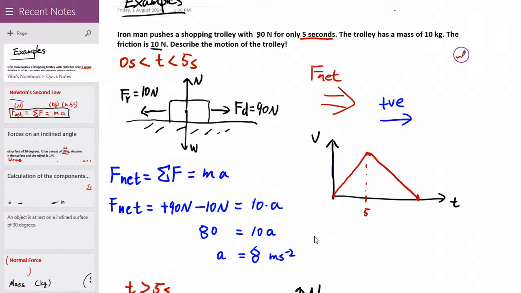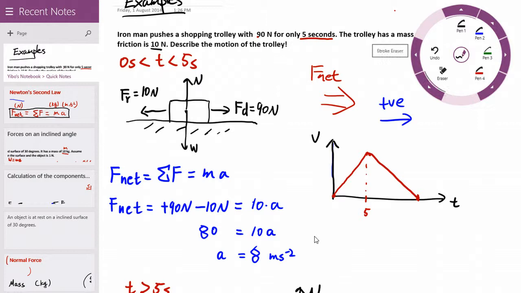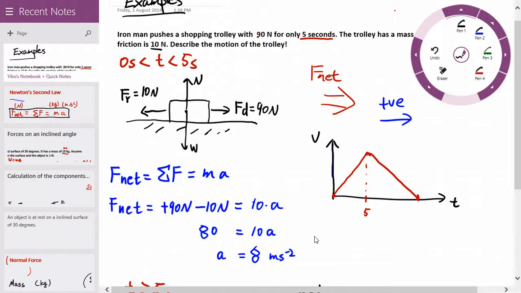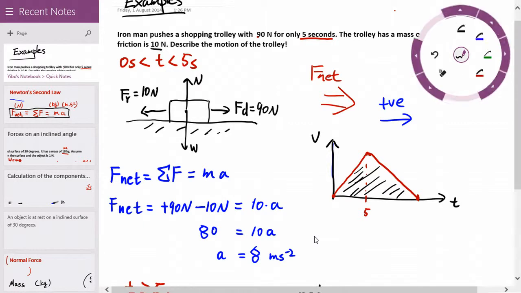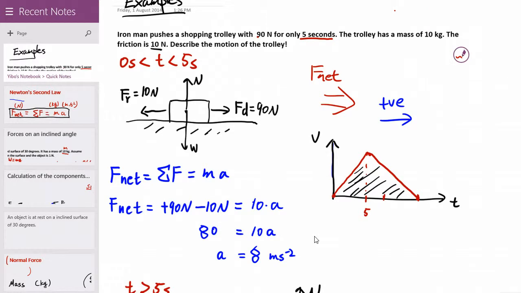Now let's revise what's happening with the velocity time graph. The gradient is always the acceleration. The area under the graph means the displacement traveled. Say, for example, the question asks where the trolley is at time equals 8 seconds.